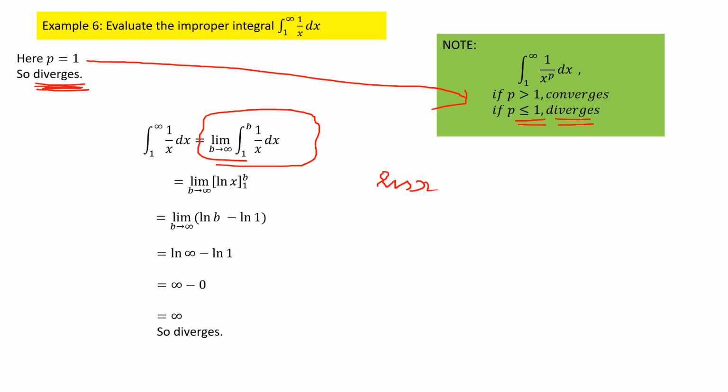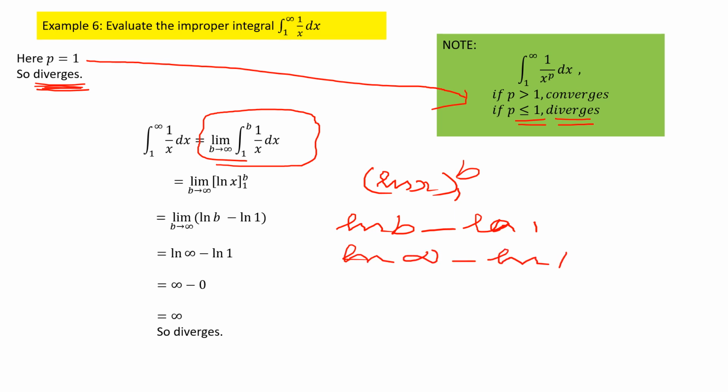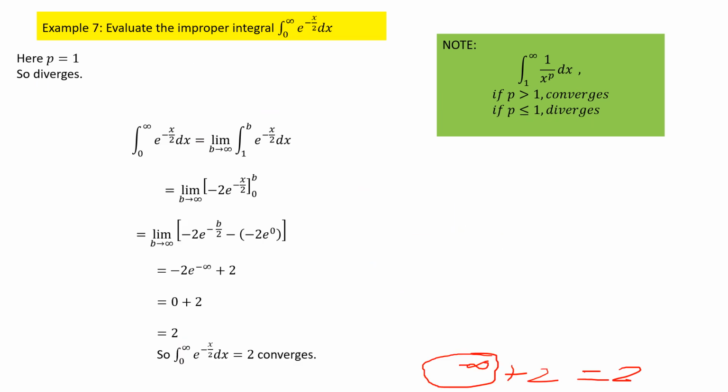Integration of 1 over x will give you ln x between 1 to b. If I substitute upper limit, I will get ln b. If I substitute lower limit, I will get ln 1. Then if I replace b by infinity, I will get ln infinity minus ln 1. Ln infinity is infinity, ln 1 is 0. Infinity minus 0 will give you infinity. So I say the problem diverges.